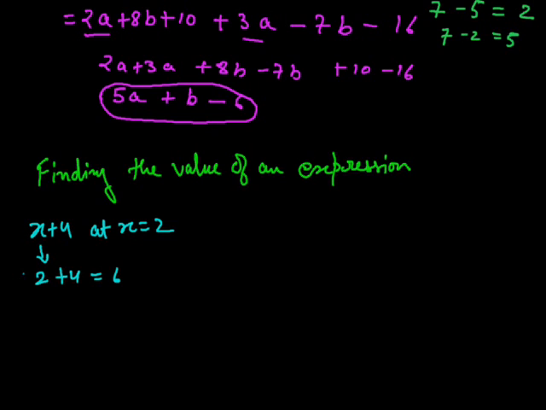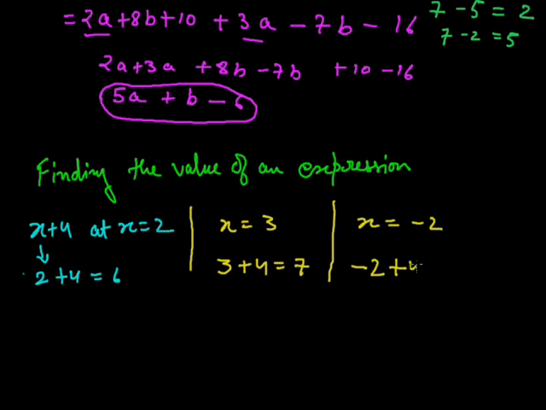Now if I have to find the value of this expression at x equals 3, at the place of x I will put 3 plus 4, it will be equal to 7. Again if I have to find the value of this same expression at x equals minus 2, at the place of x I will put minus 2 plus 4, which will be equal to 2.